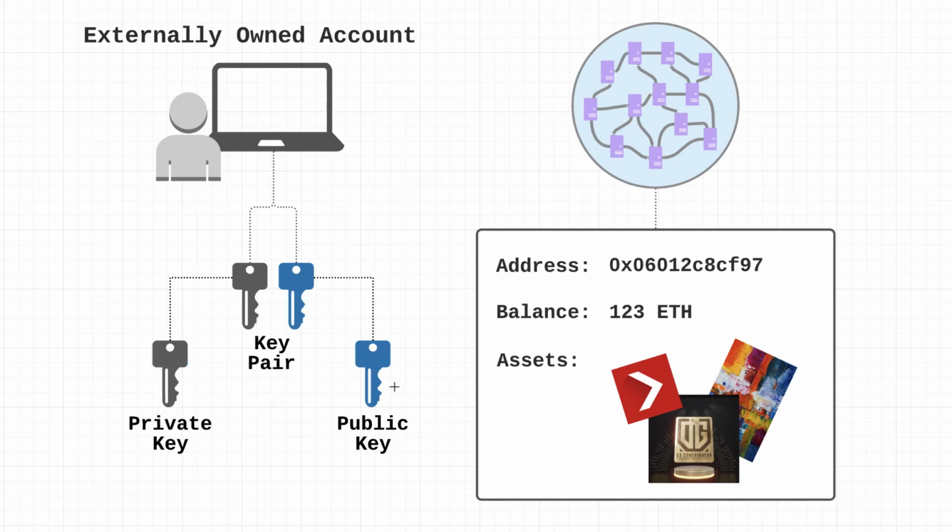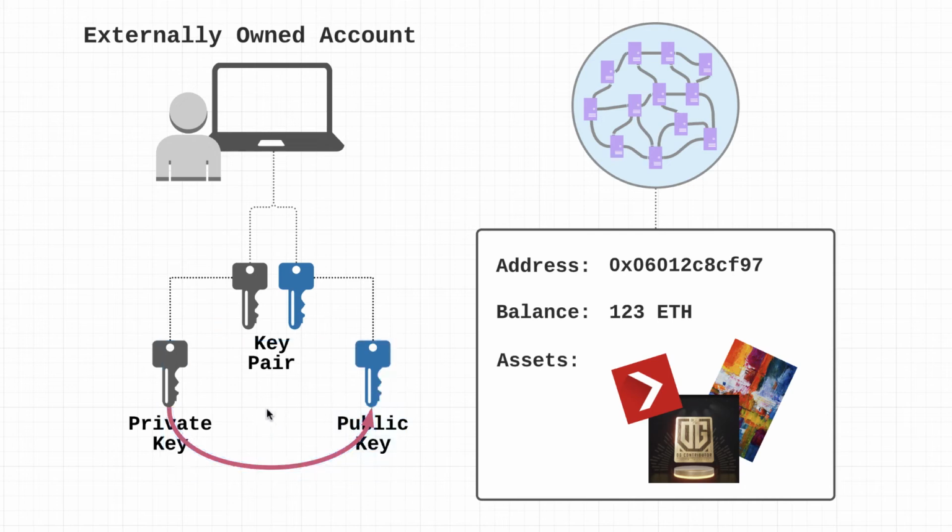Now, in order to generate the public key, what the application is going to do is use something called elliptic curve cryptography. And this is explained in my digital signature video. But real quick, what it's going to do is use something called a one-way function to essentially get a value for the public key. And the cool thing about this relationship is that if you have a private key, using elliptic curve cryptography, you can always figure out the public key.